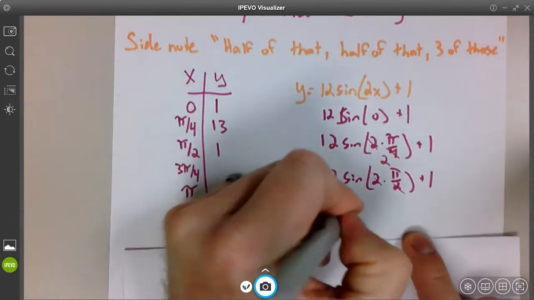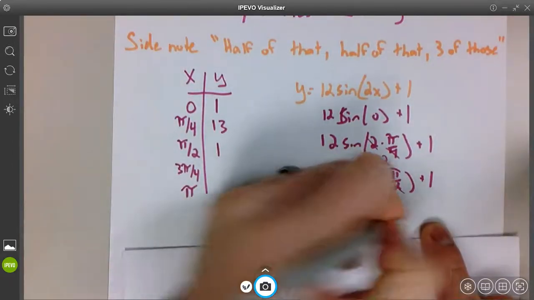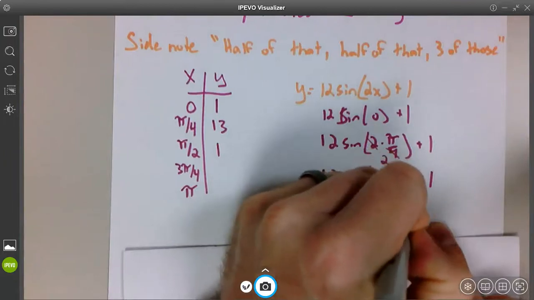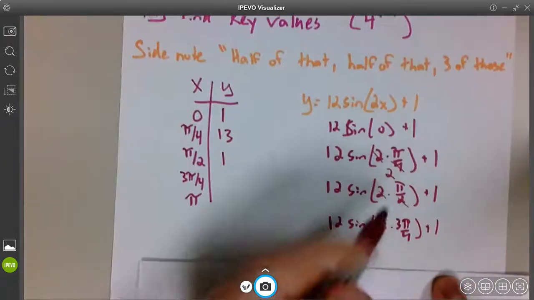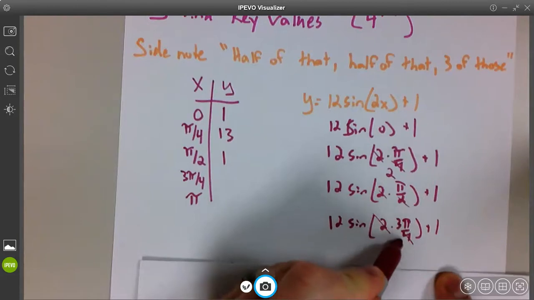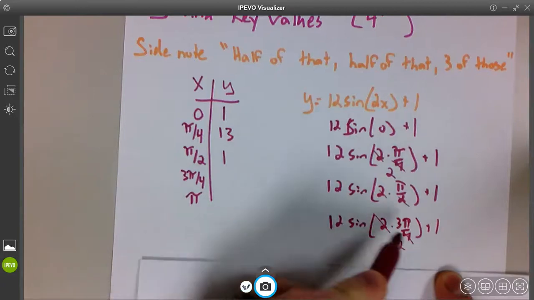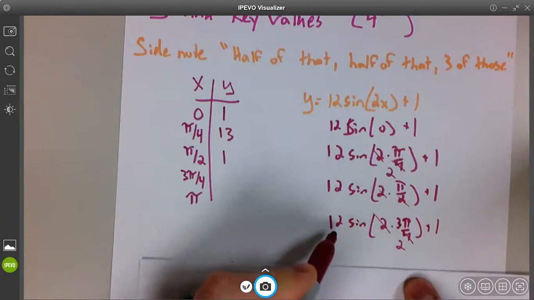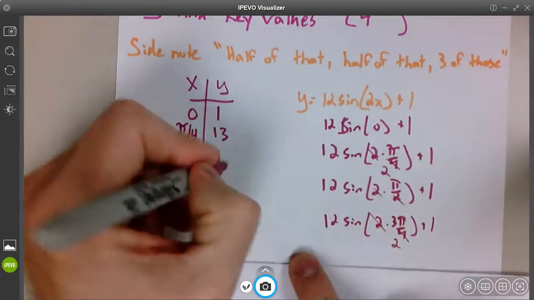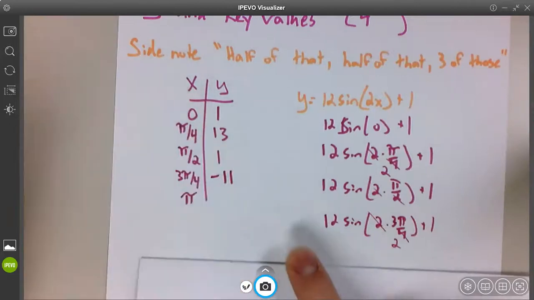Next one, 12 sine 2 times 3 pi over 4 plus 1. 2 times 3 pi over 4 is 3 pi over 2. That's 270 degrees. That's the bottom of my circle. The sine of 3 pi over 2 is negative 1. Negative 1 times 12 is negative 12. Negative 12 plus 1 is negative 11.